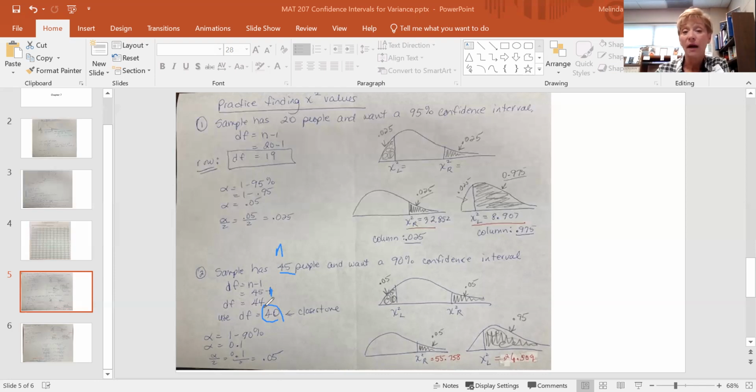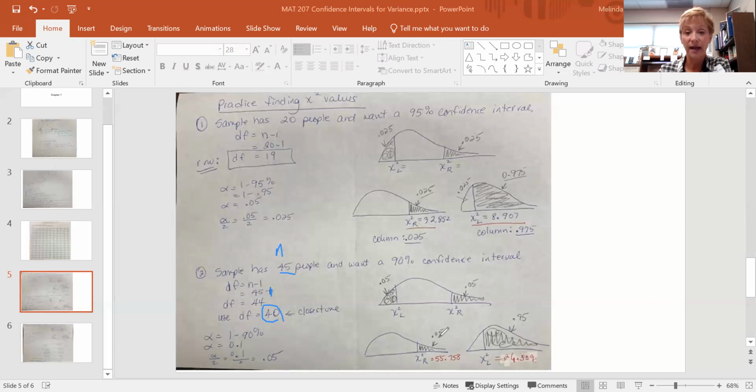Now, I had to draw my picture. I had to go find my alpha. Well, 1 minus 90%, because it was a 90% confidence level, gave me 0.10. When I divided that by 2, I got 0.05. So that's why that tail area was 0.05 and that tail area is 0.05. So here's my left one and here's my right one. But I redrew the pictures separately so I didn't get confused, because to read the table, I need the area to the right.